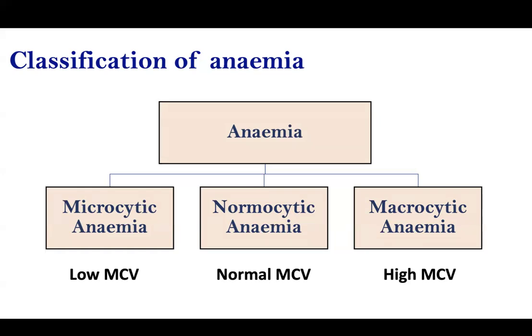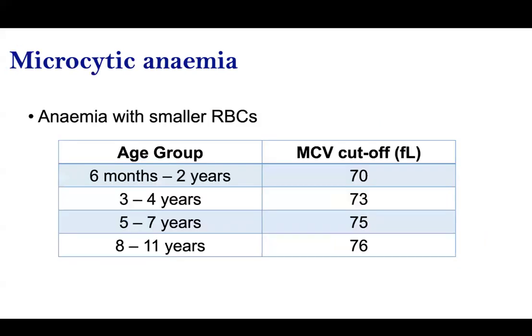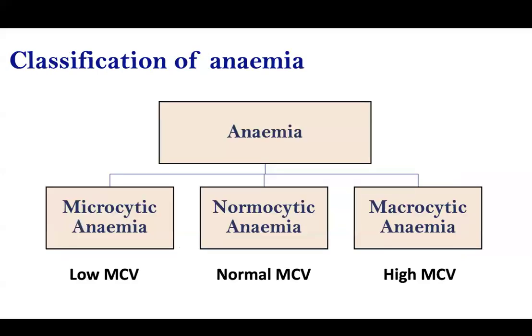We know in our undergraduate days, we have learned the anemia can be divided into 3 groups: microcytic anemia, normocytic anemia, and macrocytic anemia. So you don't have to memorize the normal MCV cutoff, but I would consider 70 as a reasonable cutoff for children. If it is less than 70, that is definitely microcytic anemia.